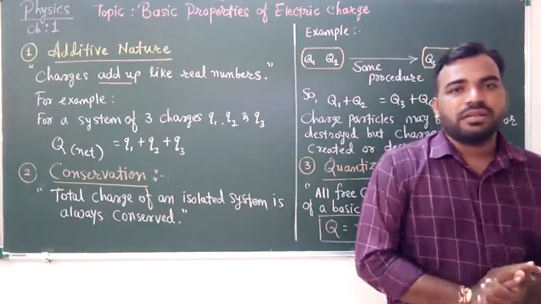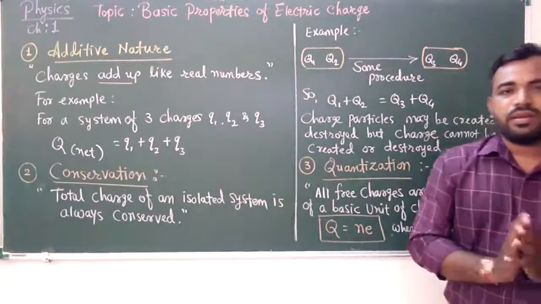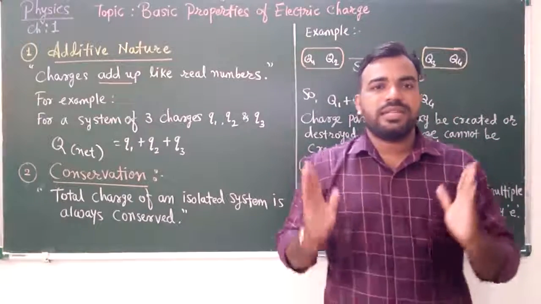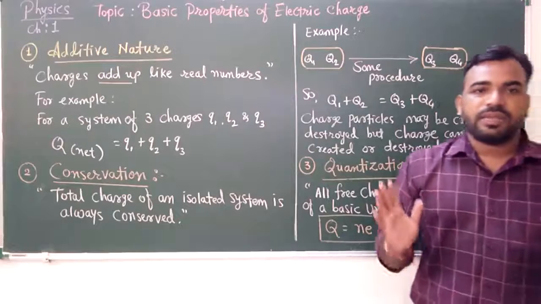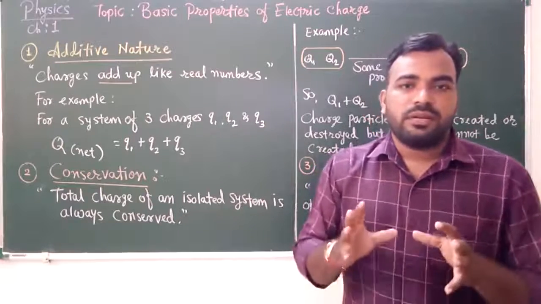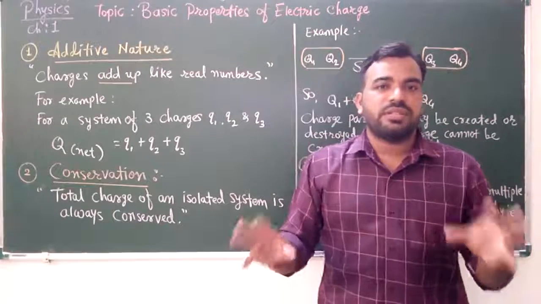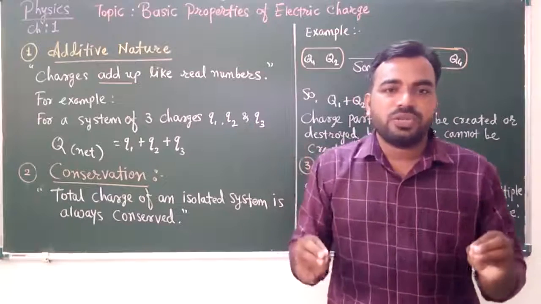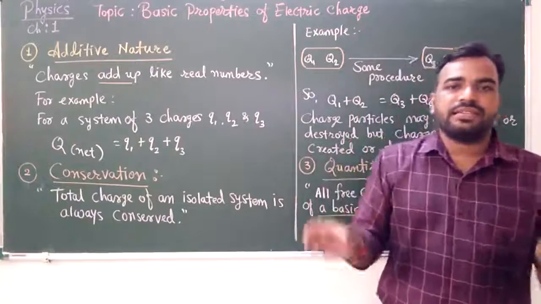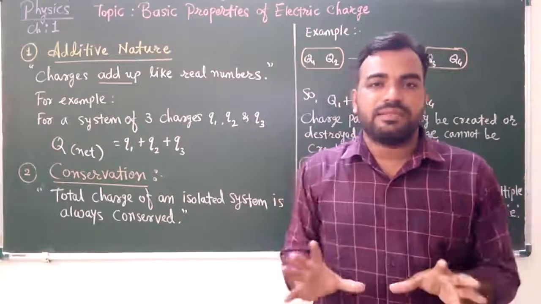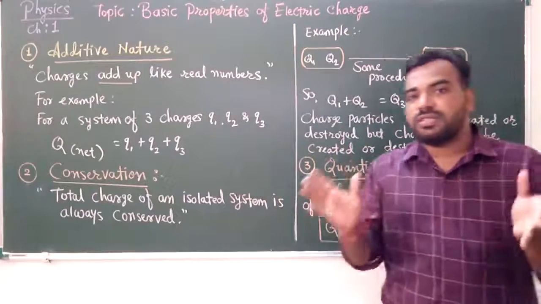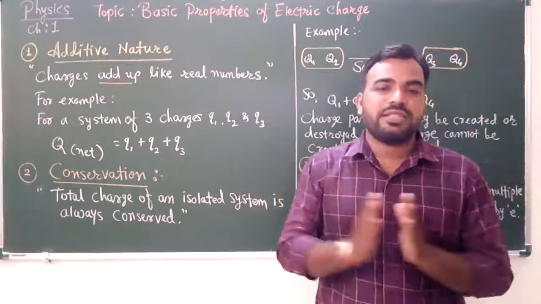Now dear students, for an isolated system there is one particular condition: the system must be isolated. Isolated means if you are applying external forces, there will be no change inside the system. Whatever is inside the system will remain the same. Such a system is known as an isolated system.